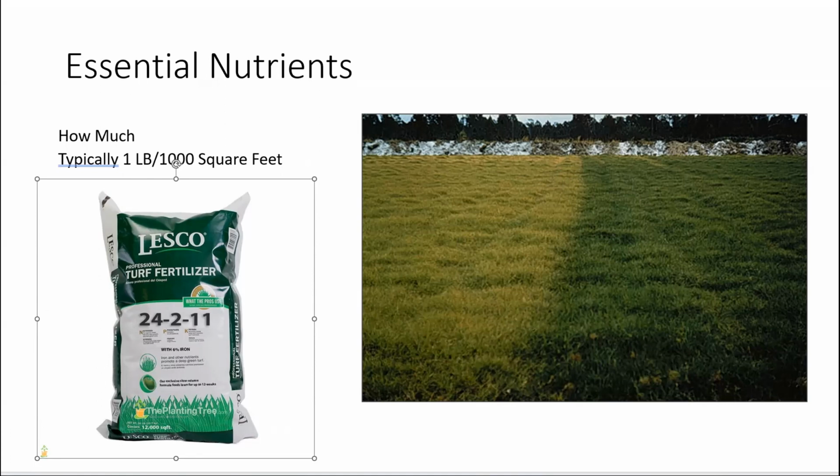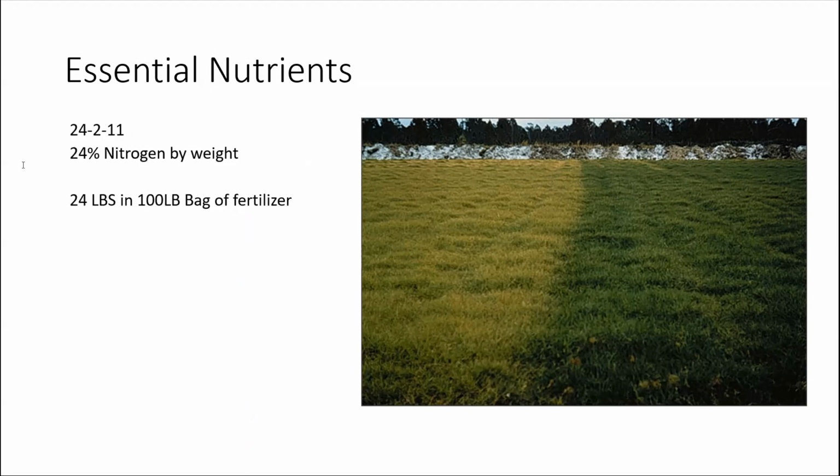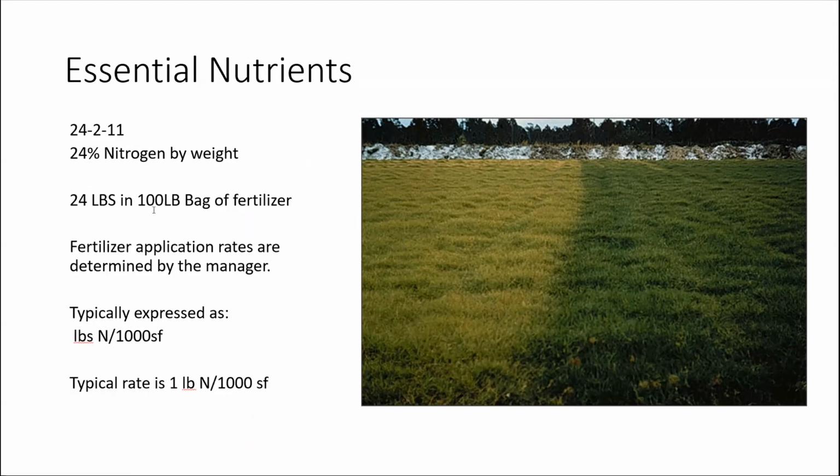Now, this one's pretty simple, but to go through it, 24% nitrogen by weight means that there are 24 pounds in 100 pounds of fertilizer. That previous one was 50. Let's look at a 100-pound bag of fertilizer. The actual application rate is determined by whoever's managing this.